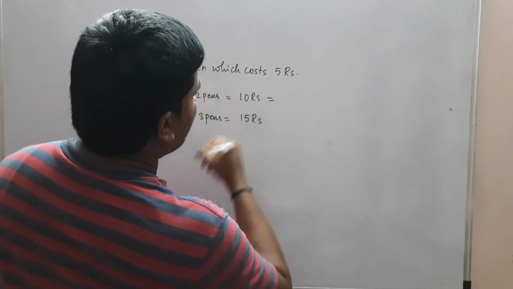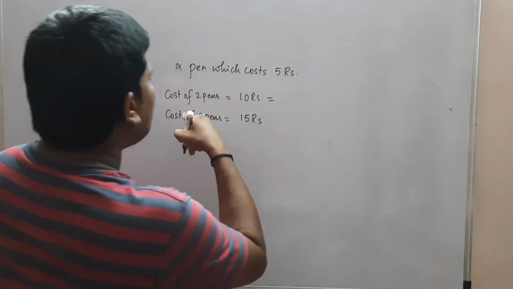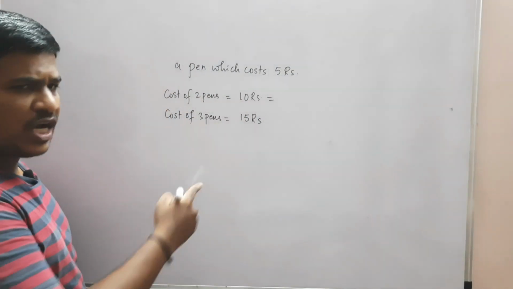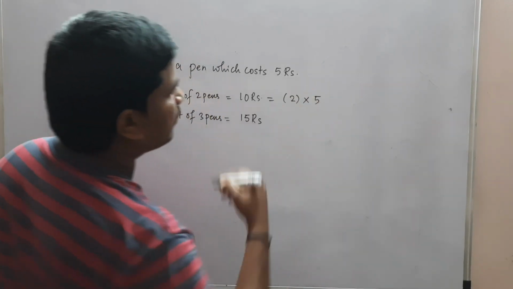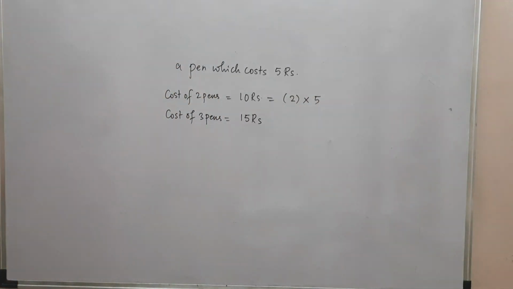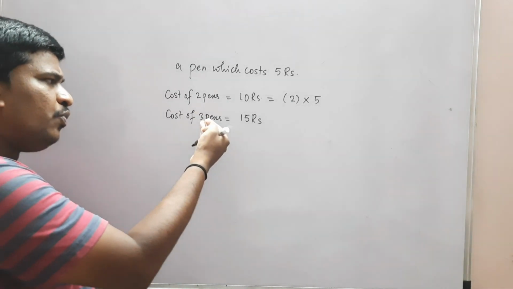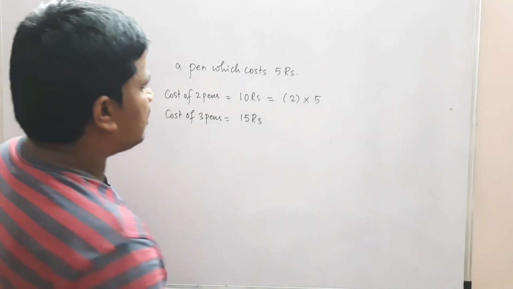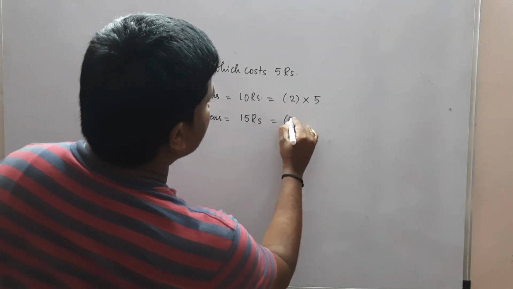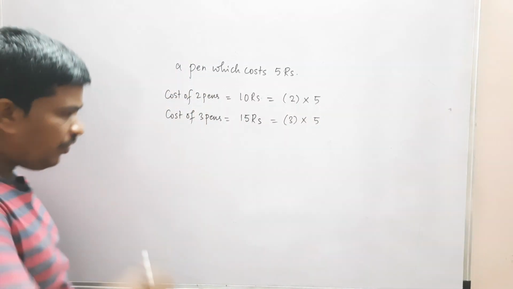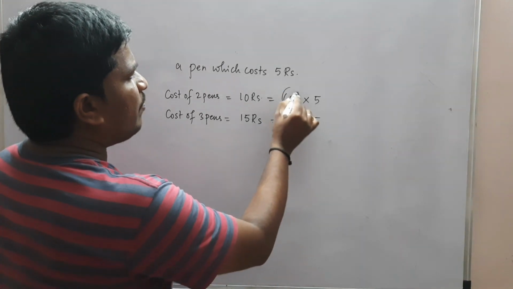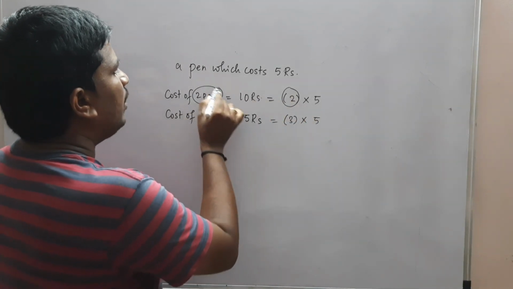Actually, when you would like to find the cost of 2 pens, you did 2 into 5. When you are finding the cost of 3 pens, you got 15 rupees. What you did is 3 into 5. So what are you doing every time? Here 2 is the number of pens you would like to buy.